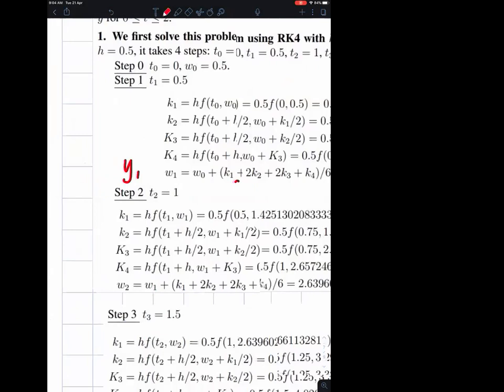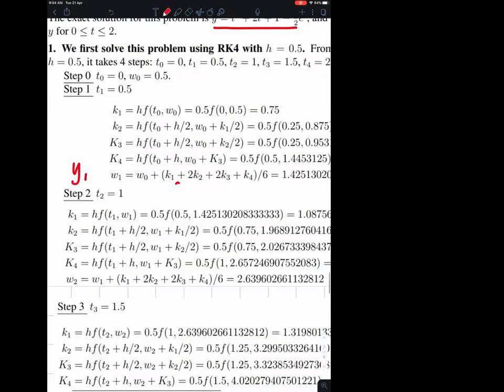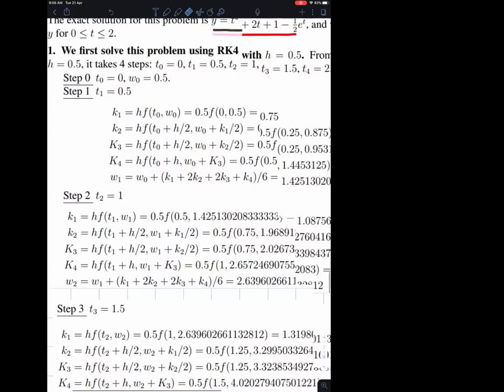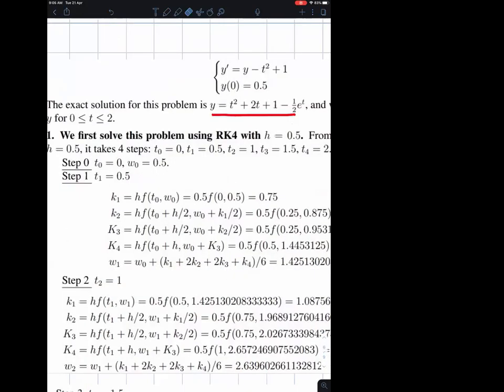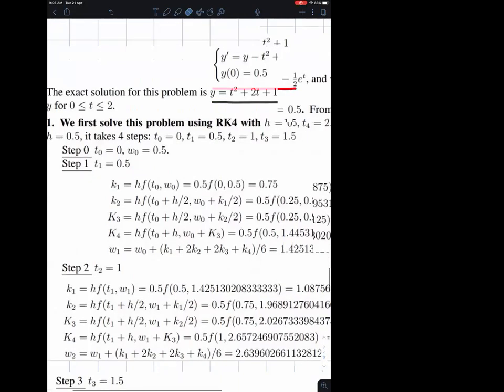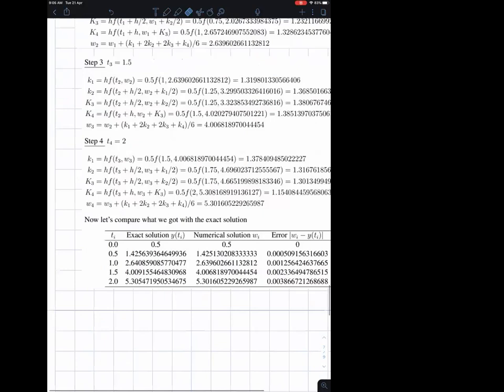We just follow the method we did in our class. For Runge-Kutta, there are different methods. The method that we used is the fourth-order Runge-Kutta. If you do it by hand, this is what you get. This is the exact solution. This is what I would like you to do.